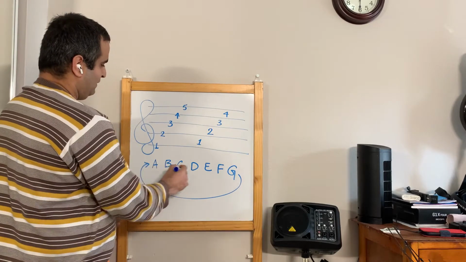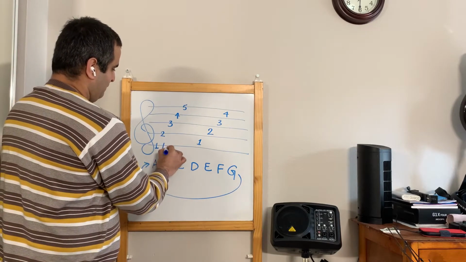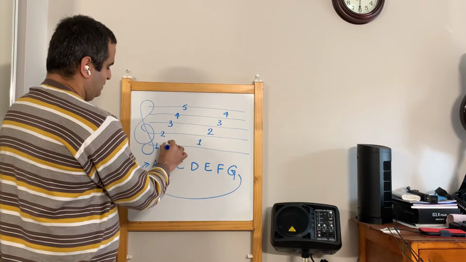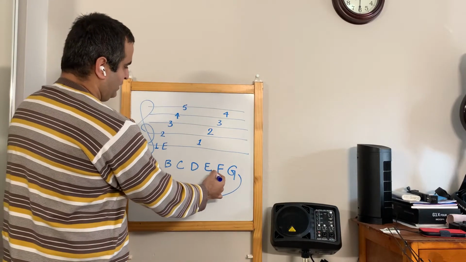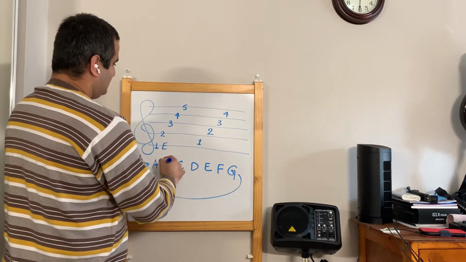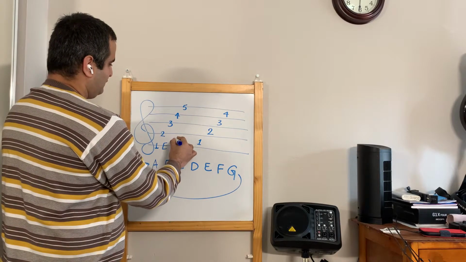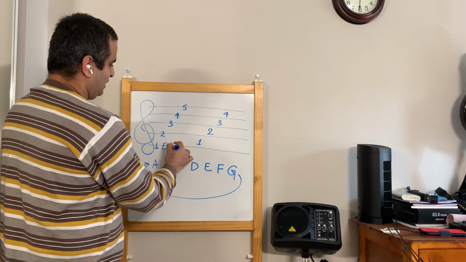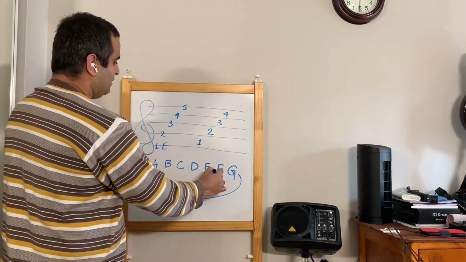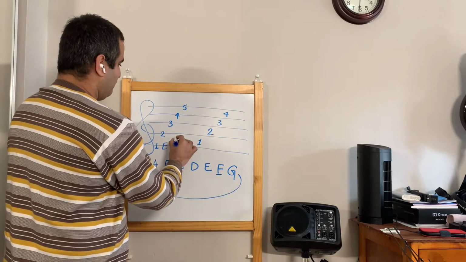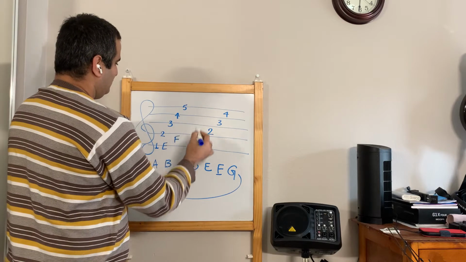So we take these notes, and these notes are assigned on these lines and spaces. So first line is called E, right? And as you see here, we go in ascending order. So that means the next place, which is actually a space between these two lines, the first line and the second line, would be called F, right?